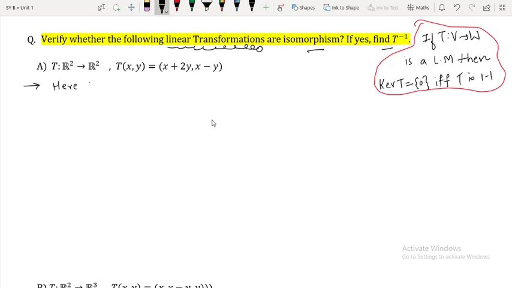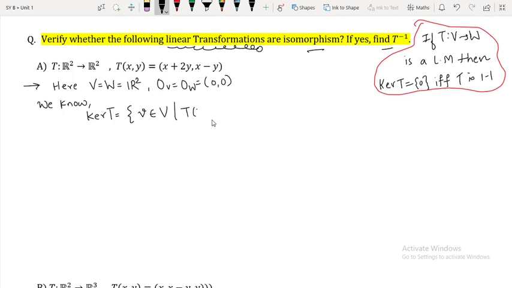I will say here V and W both are R2, and the zero vector is (0,0). We know what our kernel of T is. It is the set of all v belonging to V such that T of v is equal to 0 of W, which is further equal to, so which notation for v are you going to use? This one, right? Whatever is given in the definition of the linear map.